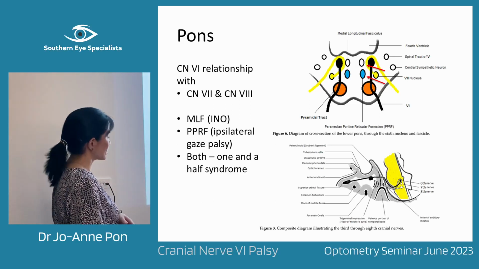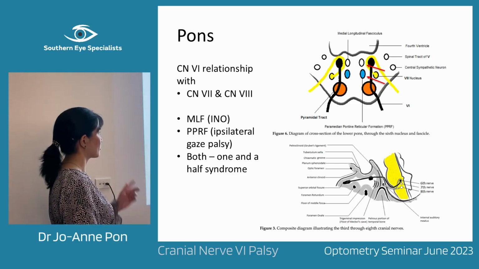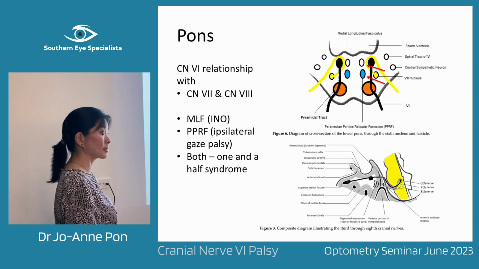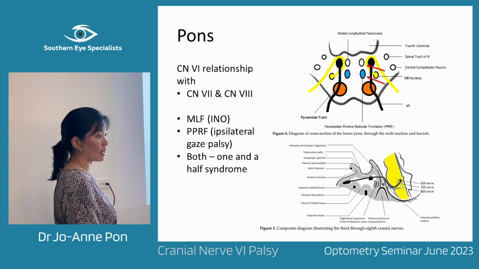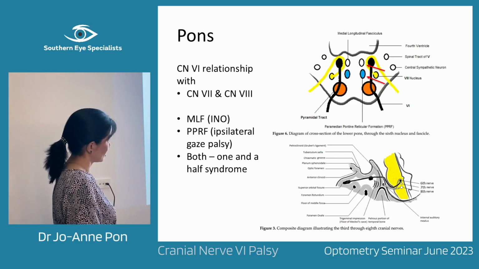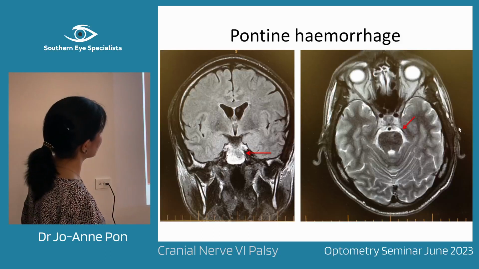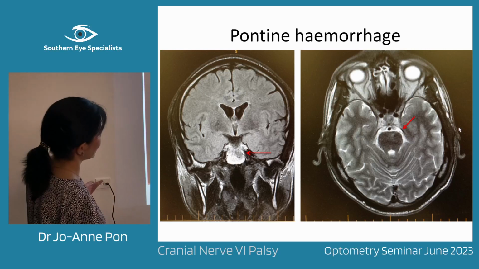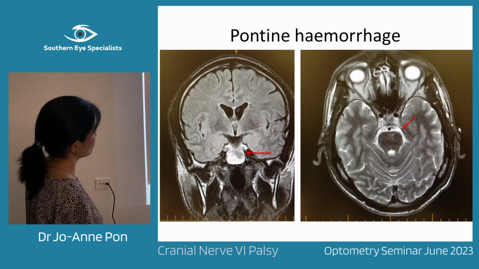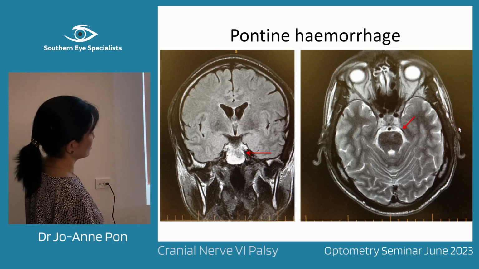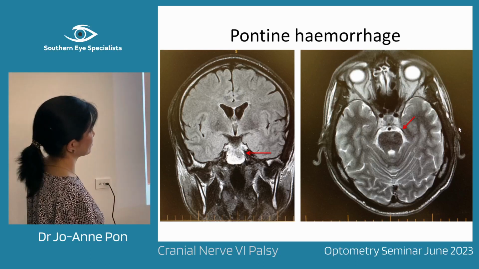Or you might have a gaze palsy on the same side if the PPRF is affected. And sometimes you can have both, and that's when you have one-and-a-half syndrome. But you'll pick up that there's something abnormal with their ocular motility. And here's a case where a lady had a 6th nerve palsy and possible INO, and she ended up having a pontine hemorrhage.